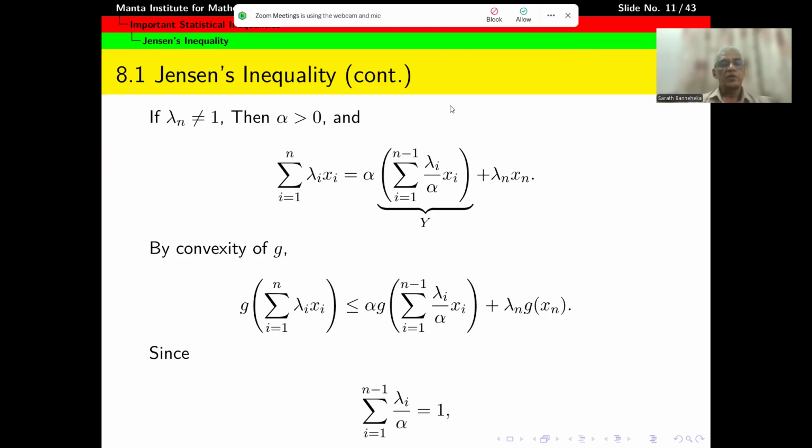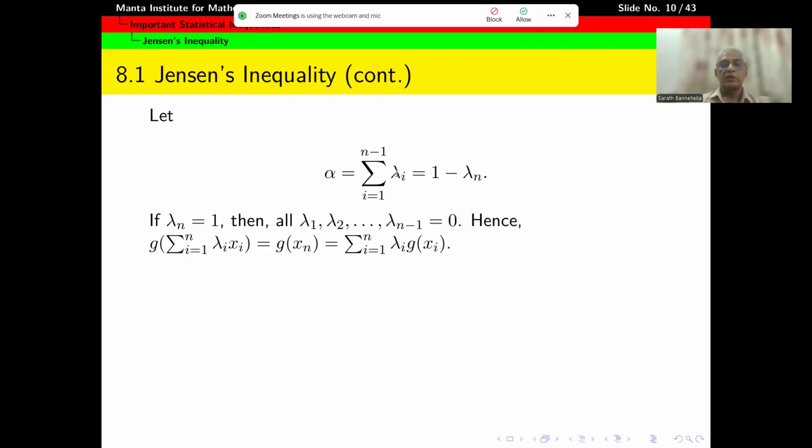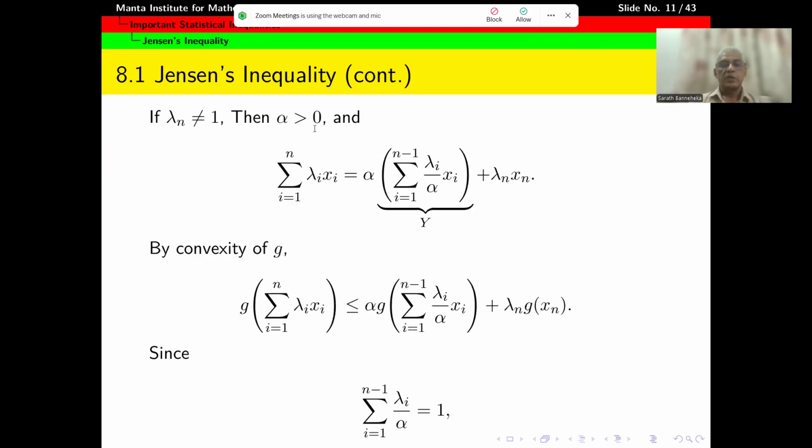If lambda n is not equal to 1, then alpha will not be equal to 0, right? So it will be greater than 0. Now we will look at this quantity, the sum from i equals 1 to n of lambda i xi. You can write it like this because alpha is greater than 0 now, so you can divide by alpha.